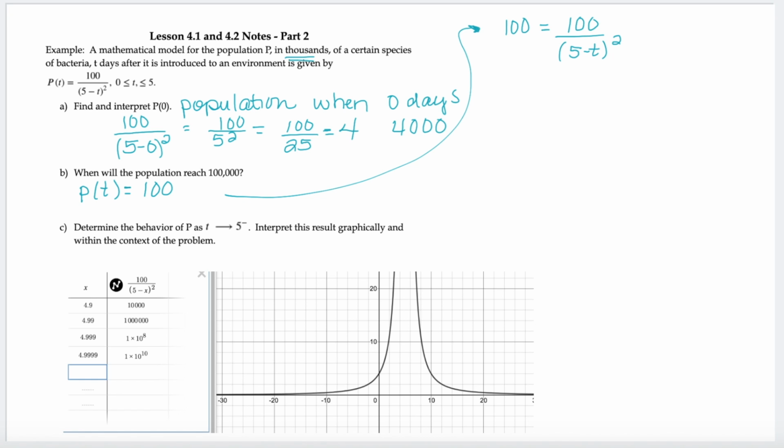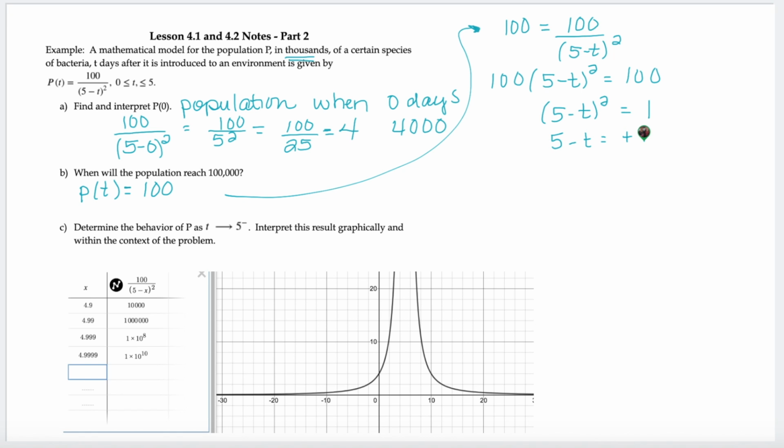I'll multiply both sides by 5 minus t squared. Then I'll divide by 100. I can then take the square root to eliminate my square. So 5 minus t will equal plus 1.